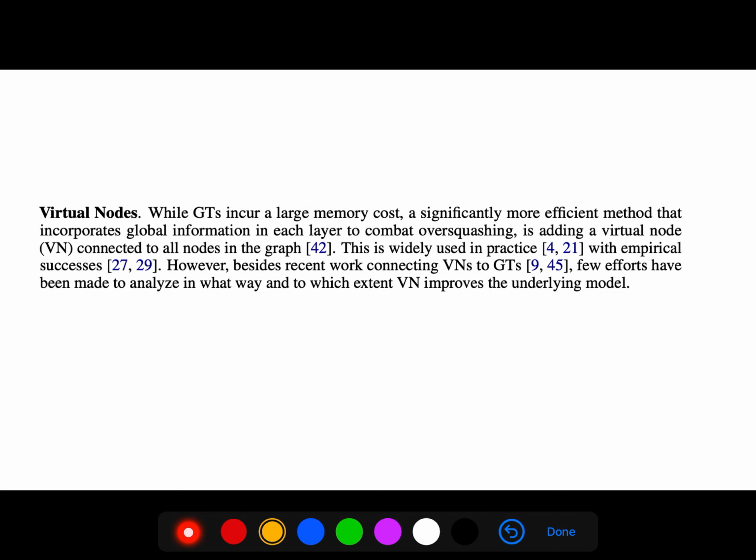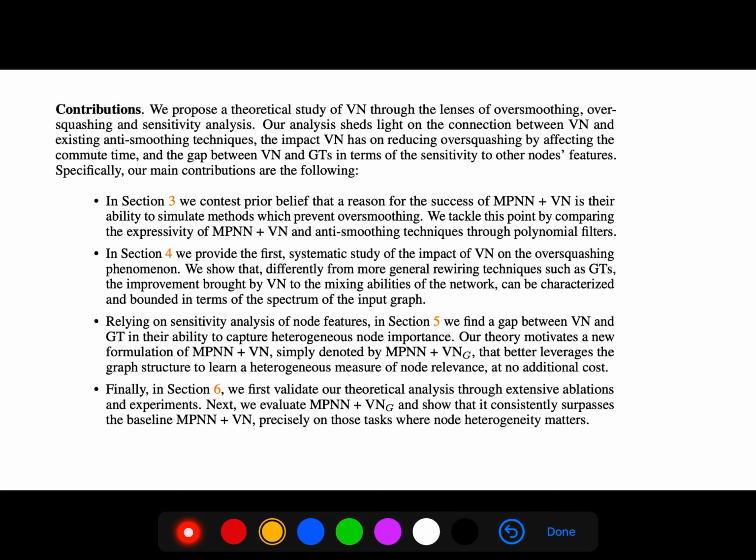However, besides recent work connecting virtual nodes to graph transformers, few efforts have been made to analyze in what way and to which extent a virtual node improves the underlying model. So we find the gap between virtual node and graph transformer.